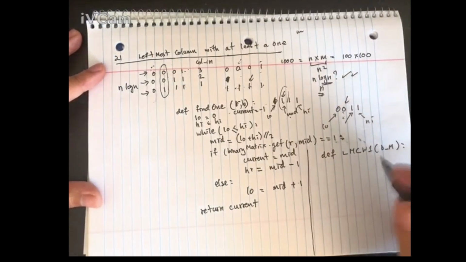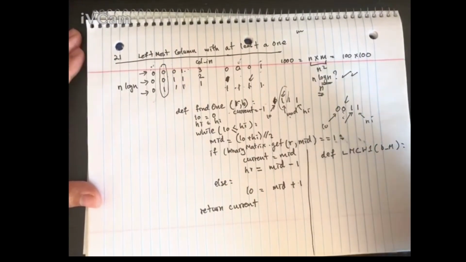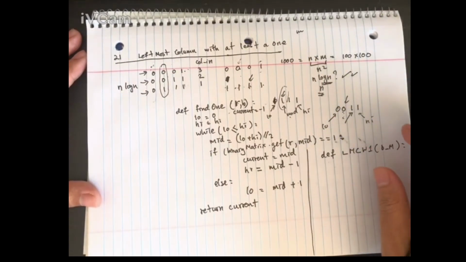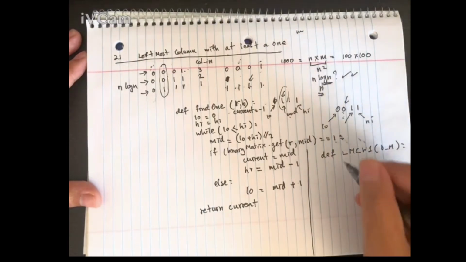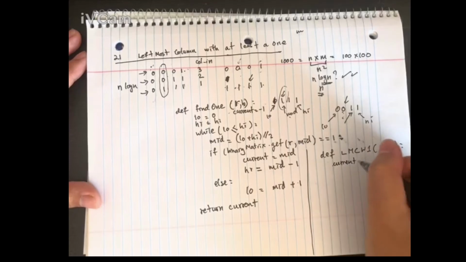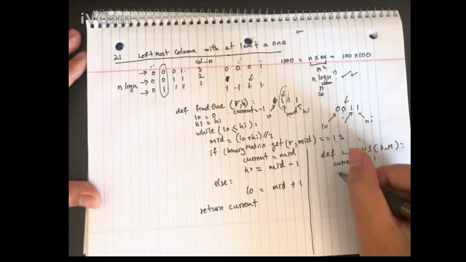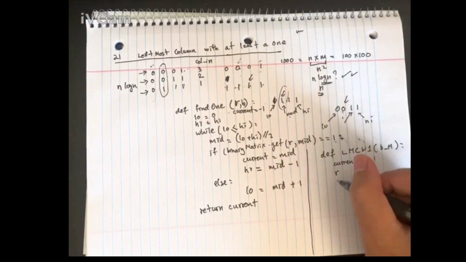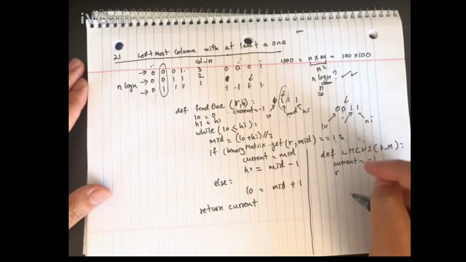In here, we want to initialize our current to -1, and then we want to find the dimension, so rows and columns.